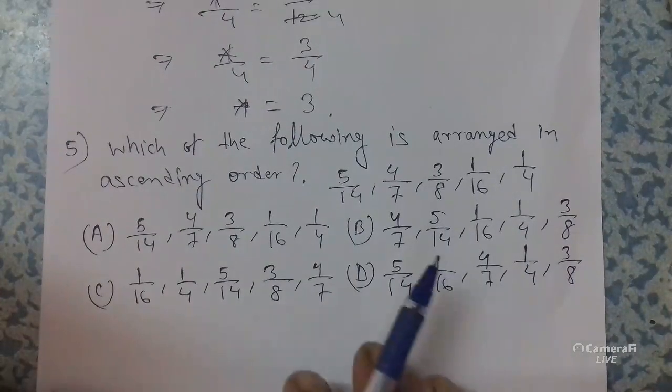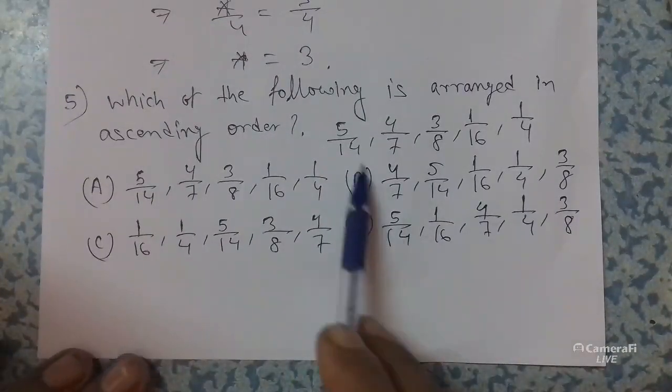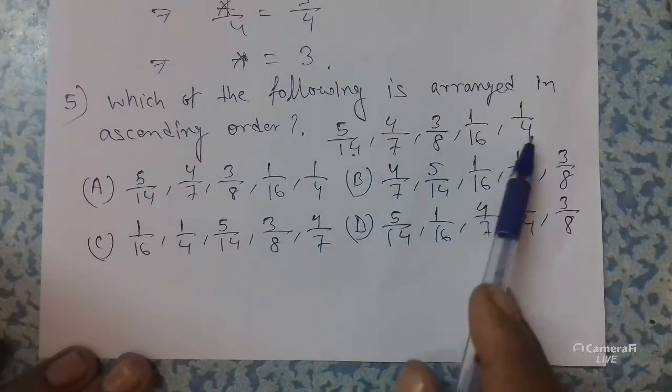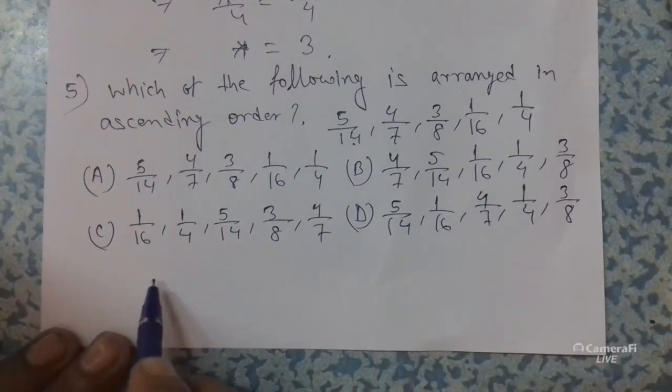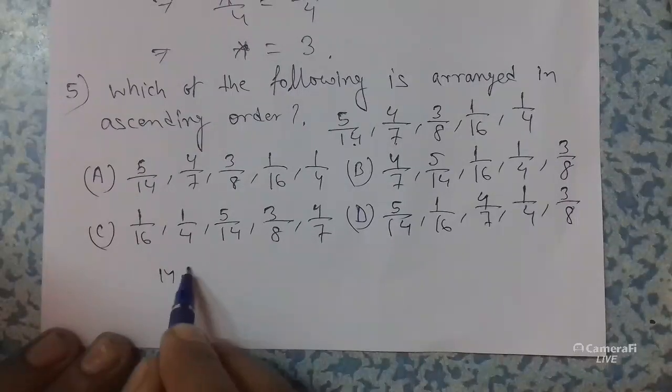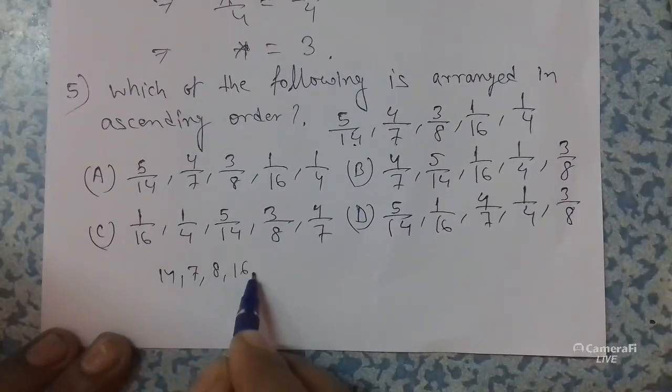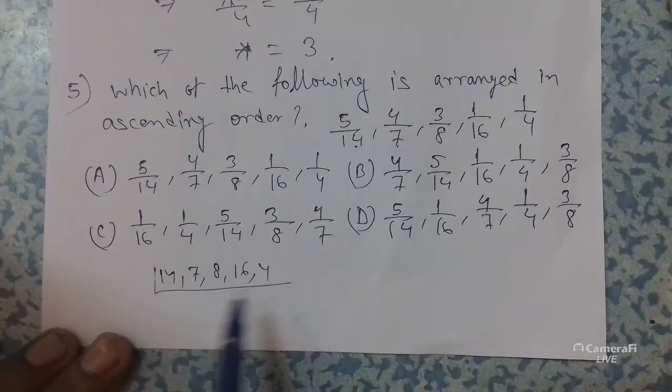So at first we have to find the LCM of 14, 7, 8, 16 and 4. So find the LCM. 14, 7, 8, 16 and 4. So try to find out.